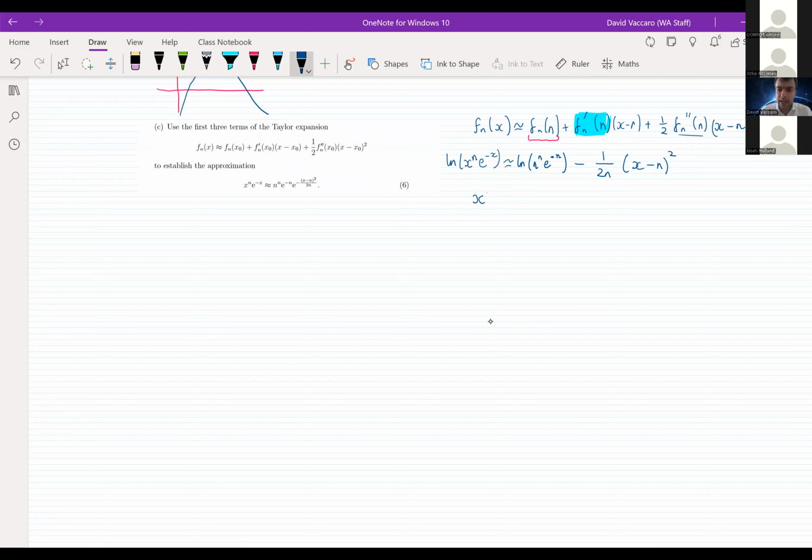So I get x to the n e to the negative x is approximately n to the n e to the negative n times the exponential of the other part. And now I'm going to do something a little bit funny, and it's not asked for in the question. I'm going to divide by n factorial.